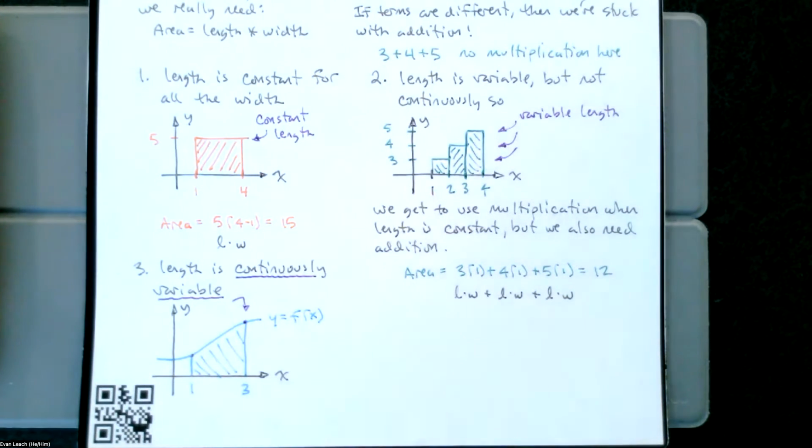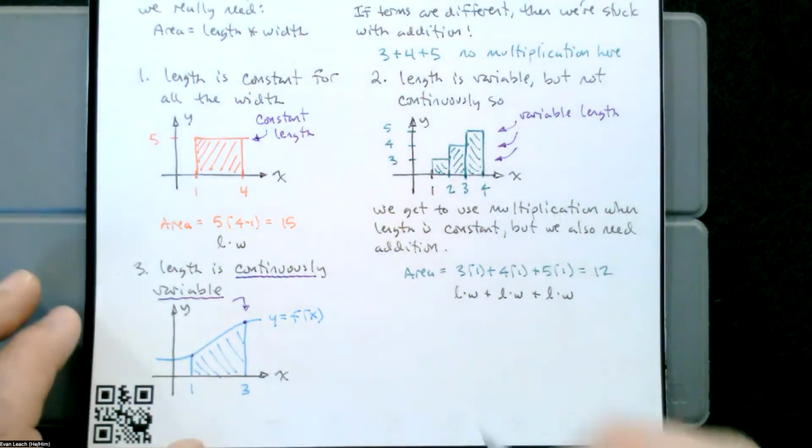Our strategy when we're faced with this continuously variable length is to say, well, let's just drop this back down to addition. Let's take out the continuous part and drop it back down to discretely variable.